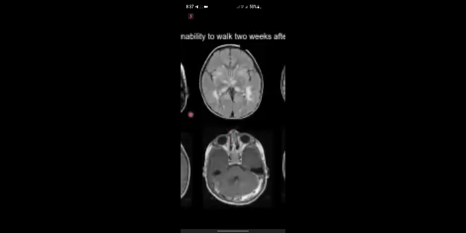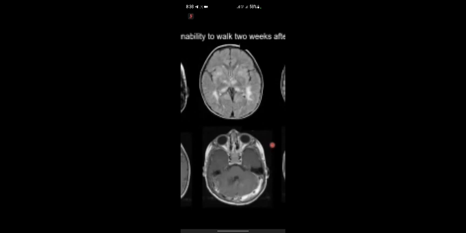2 years old, inability to walk 2 weeks after URTI. The examiner is very kind to give you this elaborate history. So that's fine. Okay, so my observations are that there is hyperintense FLAIR signal within the deep white matter, relatively symmetrical in distribution, and it's also within the medial aspect of the cerebellum.